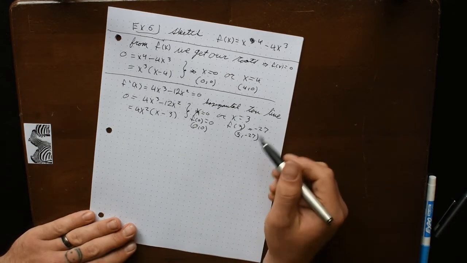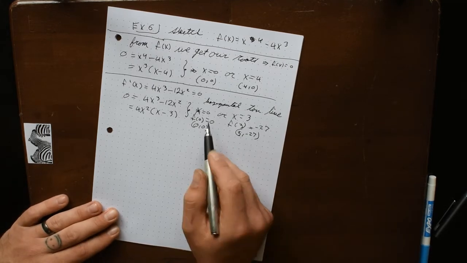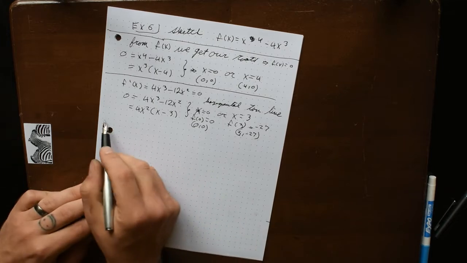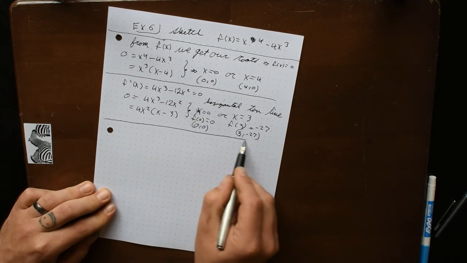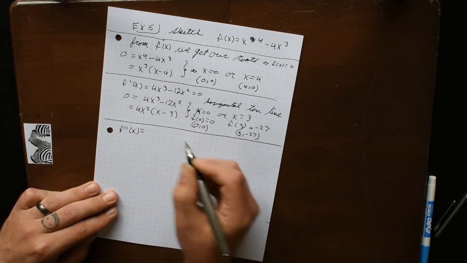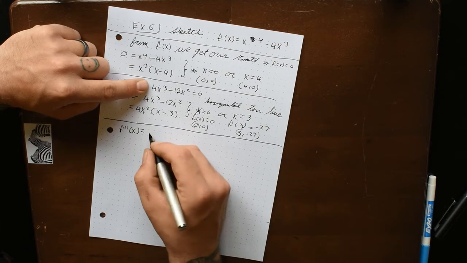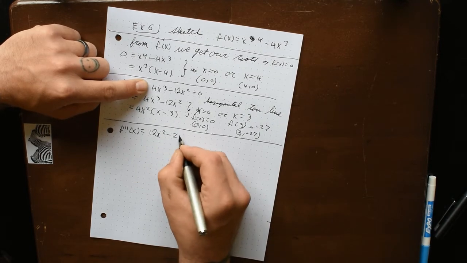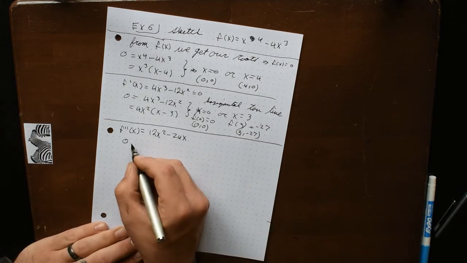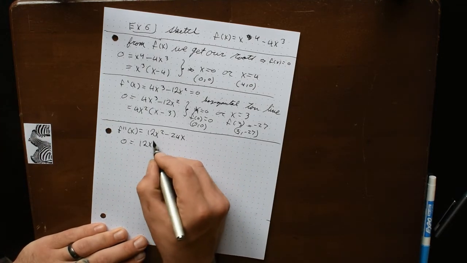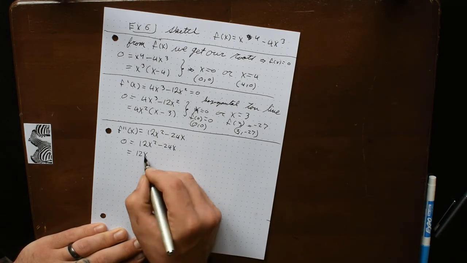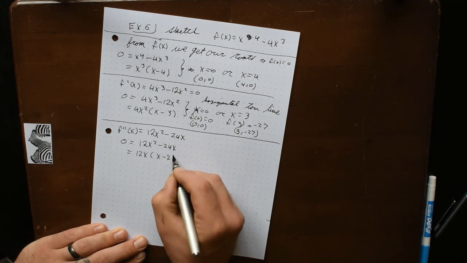We don't know if we have a maximum or minimum there yet. You can kind of look and see which one's going to be our minimum. Let's go on and work with the second derivative. f double prime of x is going to be equal to 12x squared minus 24x. If we want to find our inflection points, we want to know where 0 is equal to 12x squared minus 24x, which is the same as 12x times x minus 2.